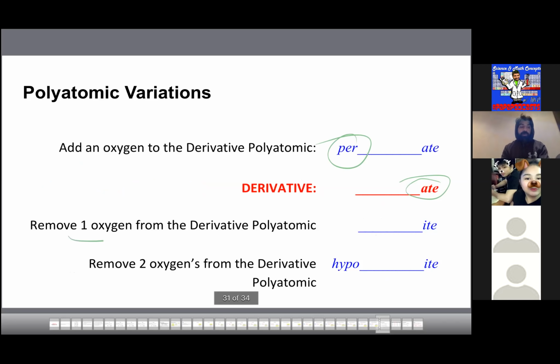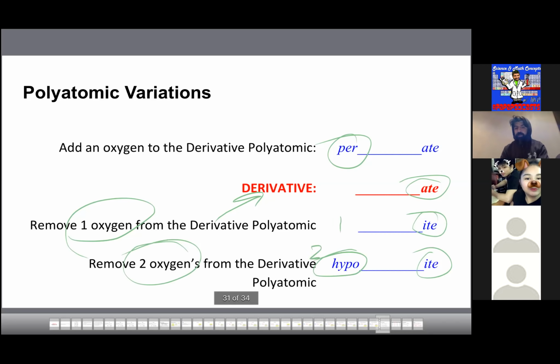If we remove an oxygen from the standard polyatomics, the ending is no longer ATE, but becomes ITE. If we remove 2 oxygens, that ITE ending still remains, but now we add a hypo to distinguish between losing 1 oxygen and losing 2 oxygens from the polyatomic.